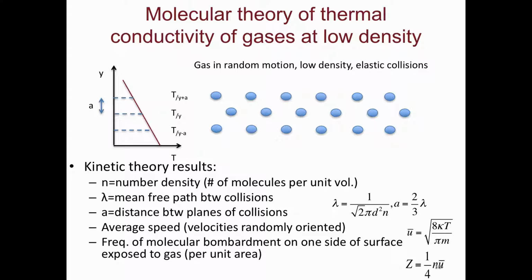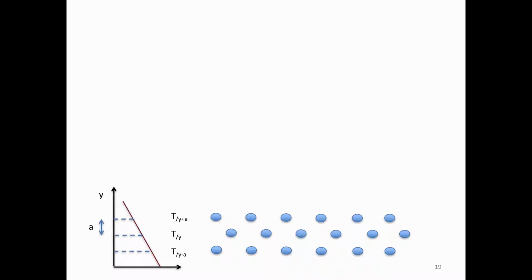And then we also had the frequency of molecular bombardment of one side, bottom or the top, surface exposed to gas, and that is related to the velocity, to the speed. Okay. And of course, the number of molecules. Cool. So I know these results already.